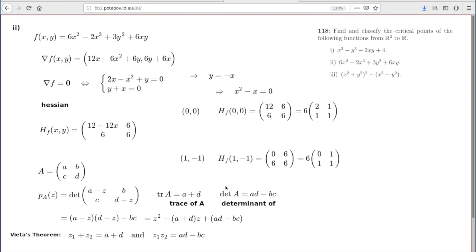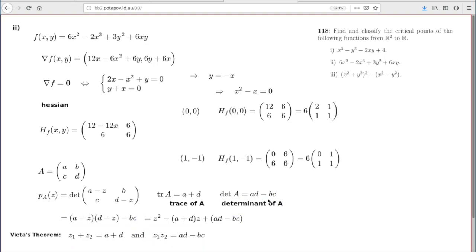So finally, I can summarize this little trick. For a 2 by 2 matrix, the sum of the eigenvalues is the trace of that matrix, the sum of the diagonal entries, and the product of the eigenvalues is the determinant of that matrix.